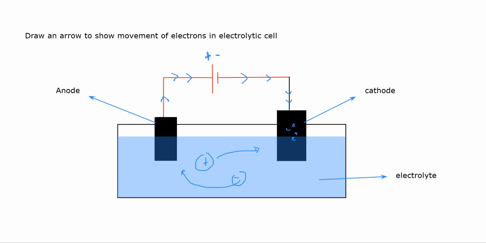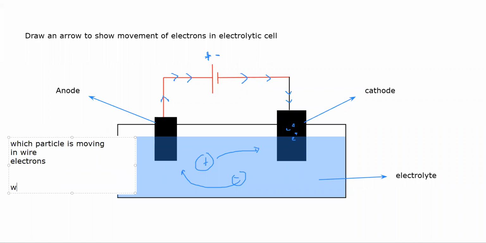If I say which particle is moving in the wire, yes, the electrons are actually moving in the wire.